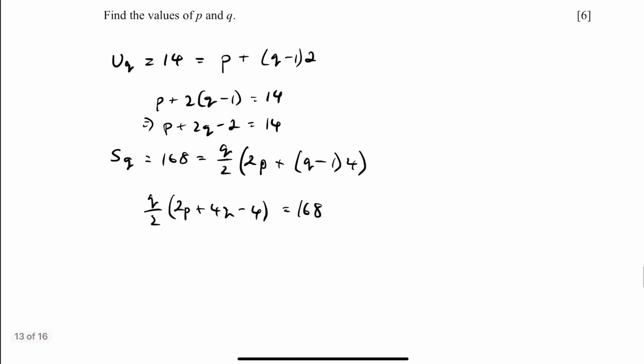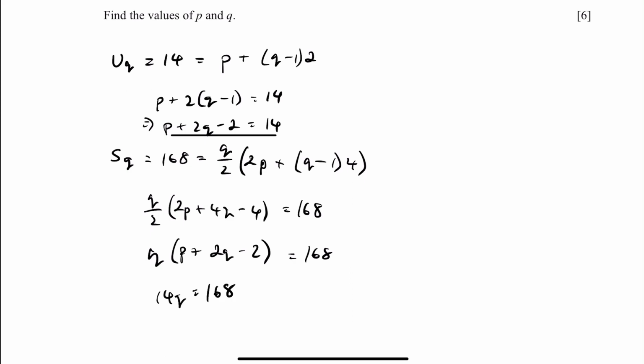We can see everything in here is divisible by 2, so let's just divide by 2, and we get q times p plus 2q minus 2 is equal to 168. And actually, over here, we don't even need to do more. We can just say that this equation, p plus 2q minus 2 is equal to 14, is also in here. So we can replace this part with 14, since we know it to be true. So 14q is equal to 168.